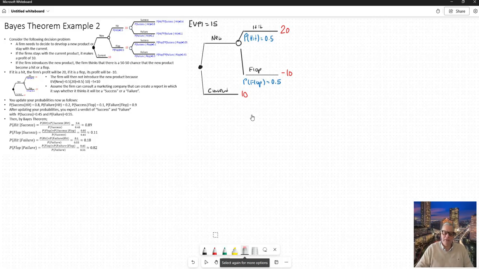So now you can think of expanding your decision tree by handing over your personal assessment to a marketing company. And now they can come back with either a verdict that says, we think that your new product will be a success, or it will be a failure.